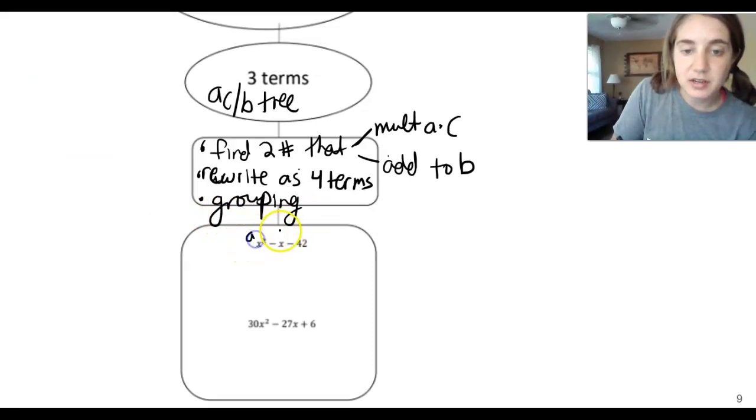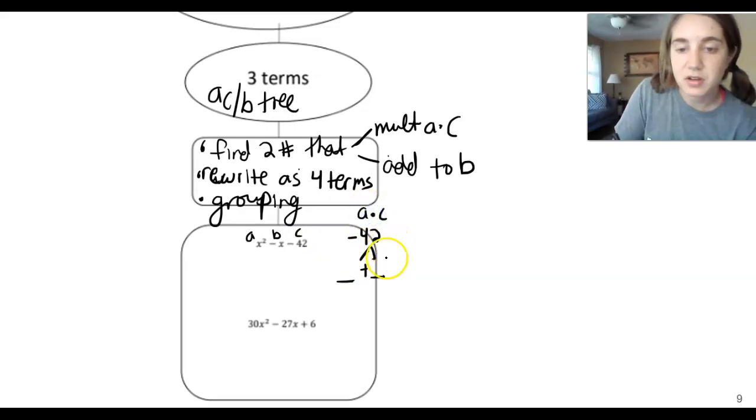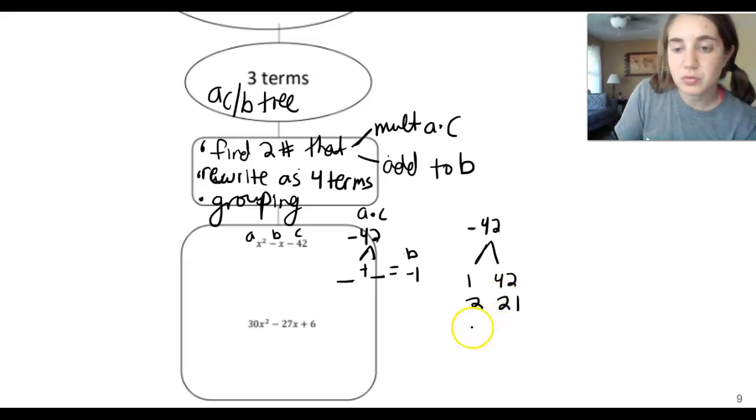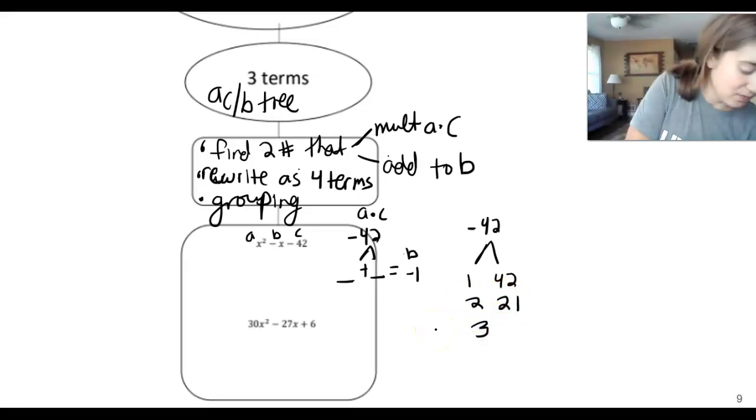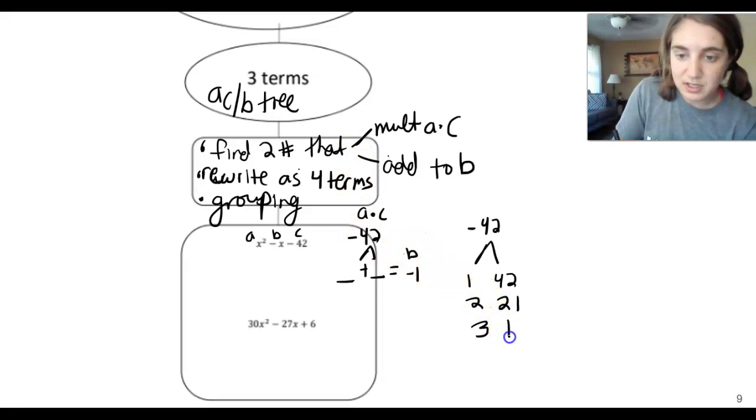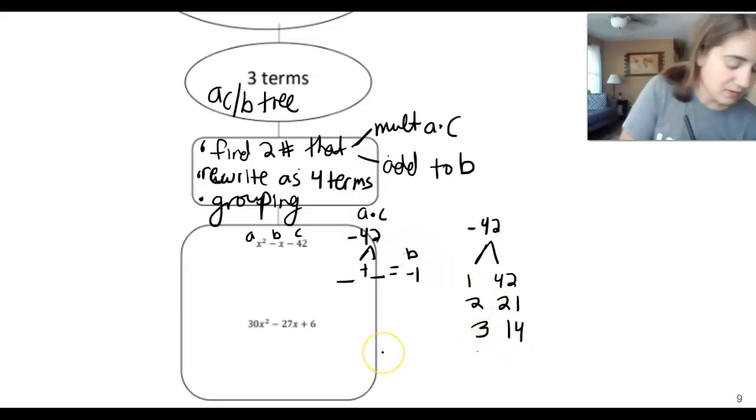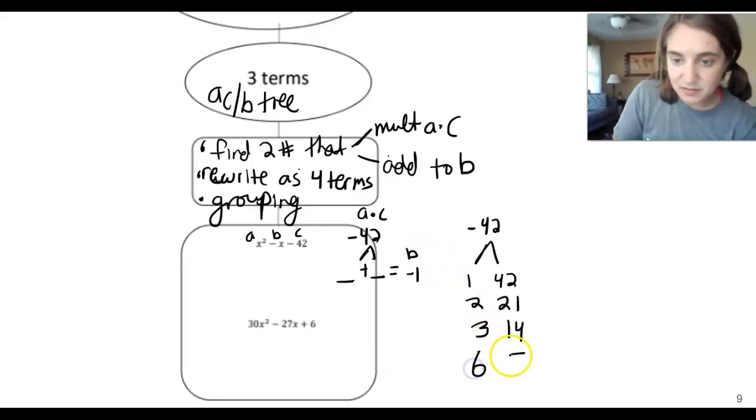So here's our A, B, C. So which numbers multiply to negative 42, but add to my B of negative 1? 1 and 42, 2 and 21, 3 and 14, 6 and 7.